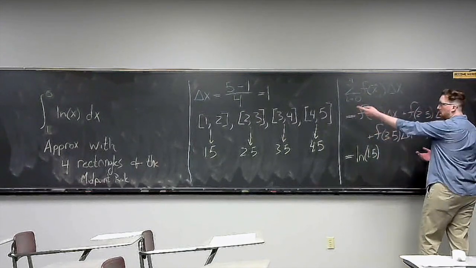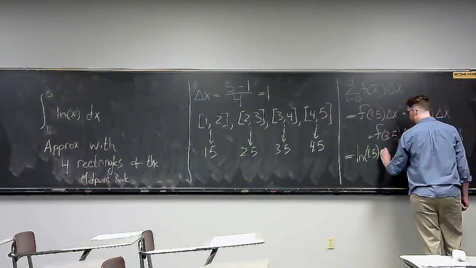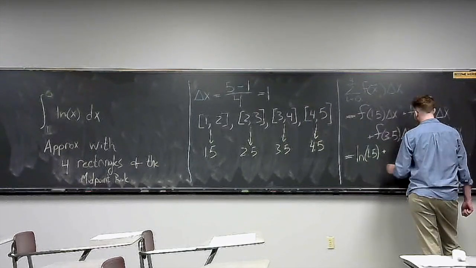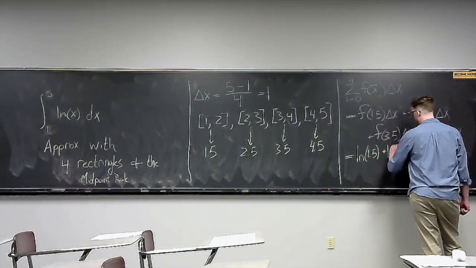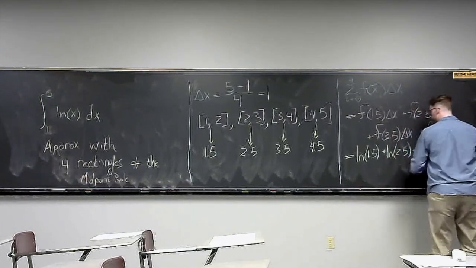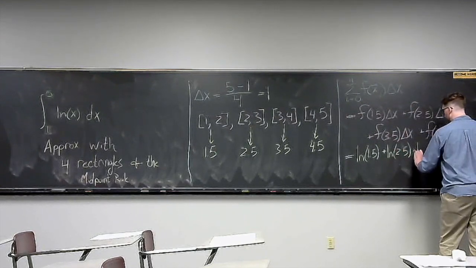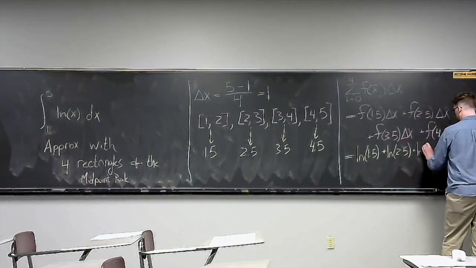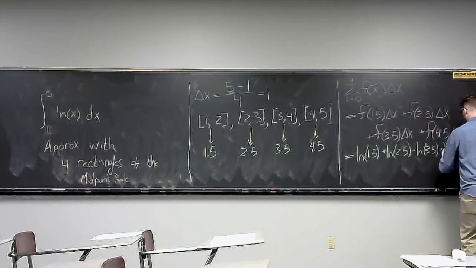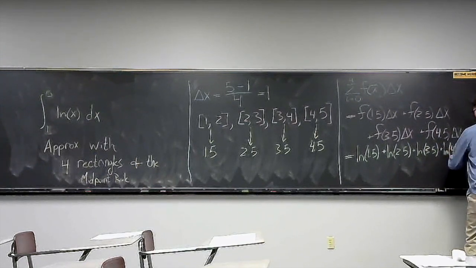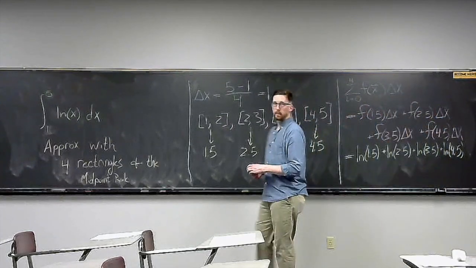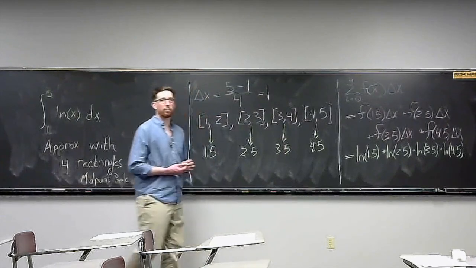Well, delta x is 1 in this case, so we don't need to worry about it, because 1 times anything is just that anything, plus the ln evaluated at 2.5, plus the ln evaluated at 3.5, plus the ln evaluated at 4.5. And that's it. That's all there really is to this idea.